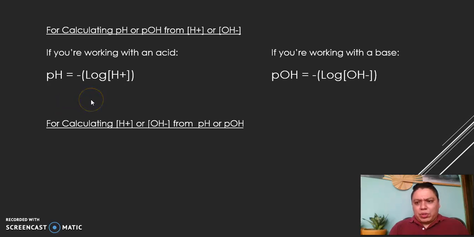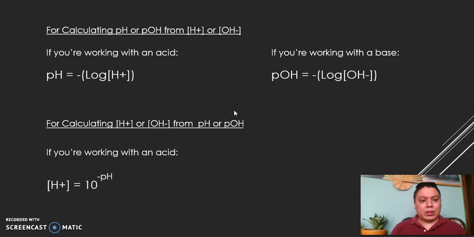But what happens if we want to do the opposite? What happens if we want to calculate the concentration of hydrogen or hydroxide from pH or pOH? That means that in here we are starting with the concentrations, but in this case we are starting with the pH or the pOH. If you're working with an acid, the concentration of hydrogen ions can be calculated by doing the anti-logarithm, or 10 to the negative pH.